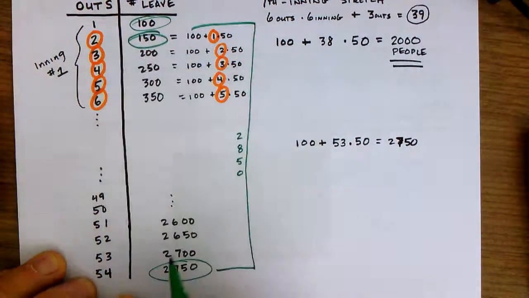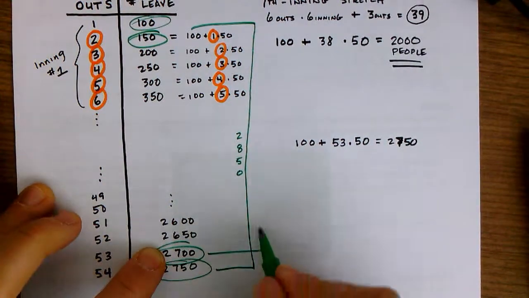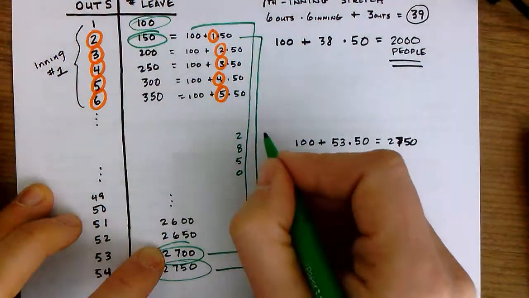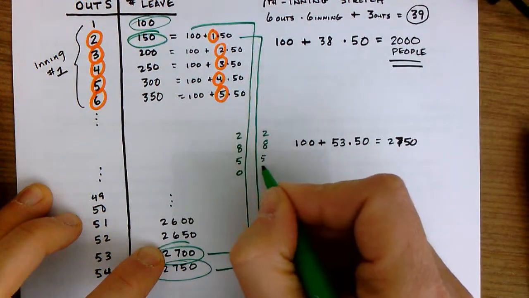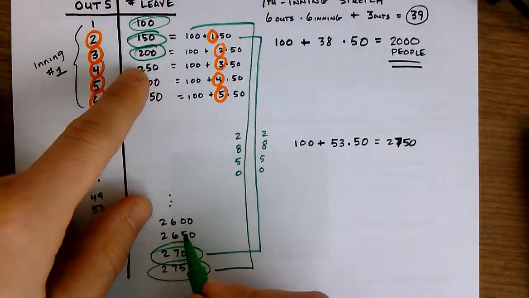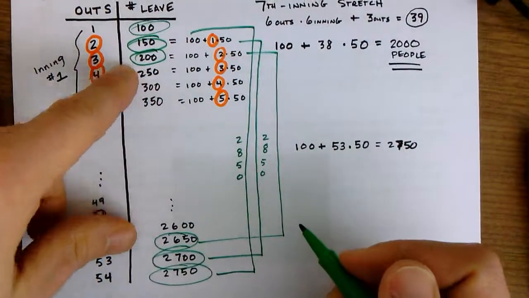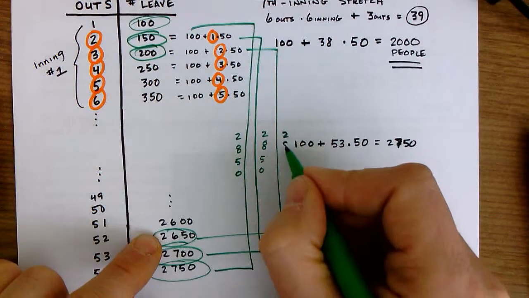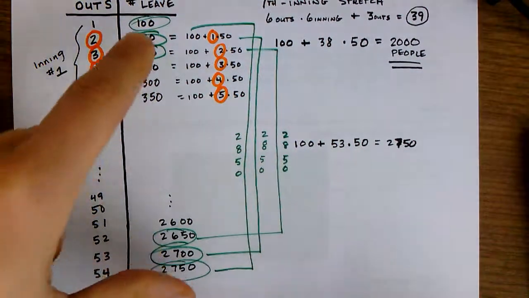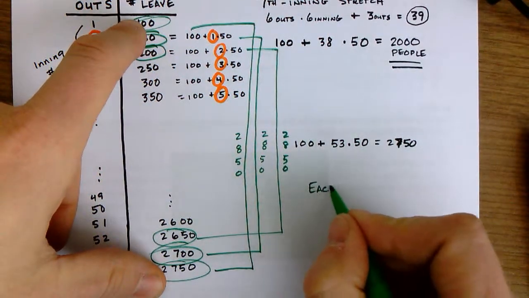Now if you look at the second out and the second to last out, that's 150 and 2700. If you put those together, you get 2850. Now if you take the third out and the third to last out, 200 and 2650 gives us 2850. So we've got pairs, and each pair equals 2850.